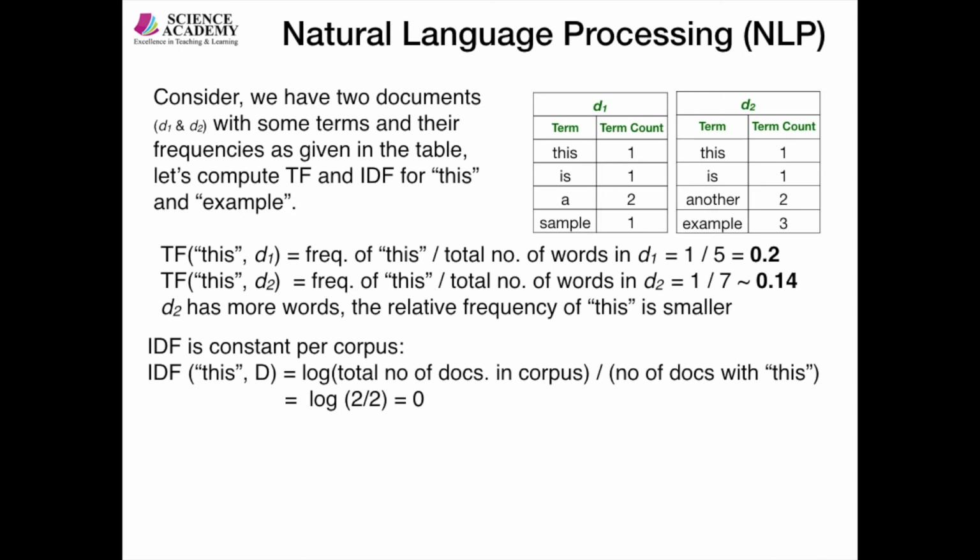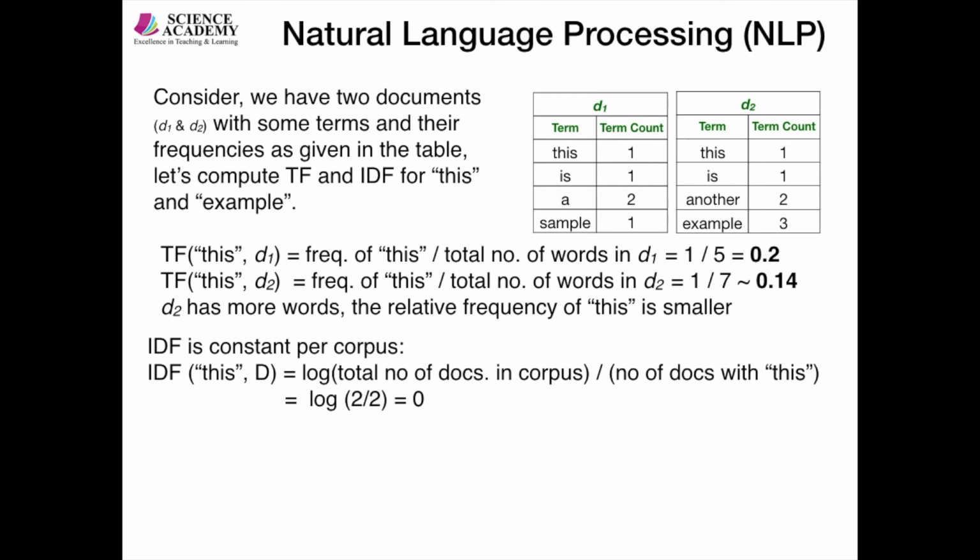Let's compute IDF for the word this in the corpus now. So the IDF is constant per corpus. In this case, for the word this, IDF is equal to log 2 over 2, which is equal to 0. So now we have the values for TF and IDF.